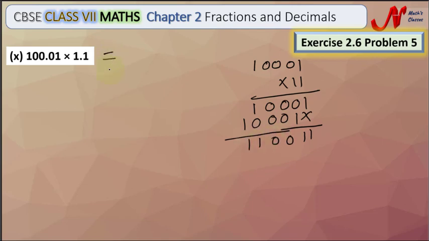So the product is 110.011. In 100.01 we have 2 digits after the decimal point. In 1.1 we have 1 digit after the decimal point. So together we have 3 digits after the decimal point. In the product, from right to left, we keep the decimal point after 3 digits. So we get 110.011.